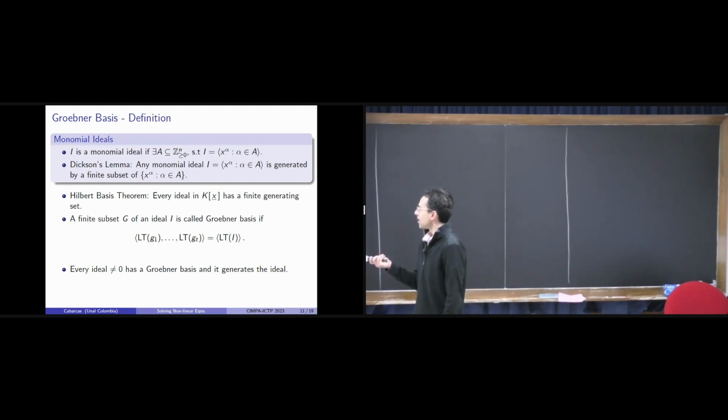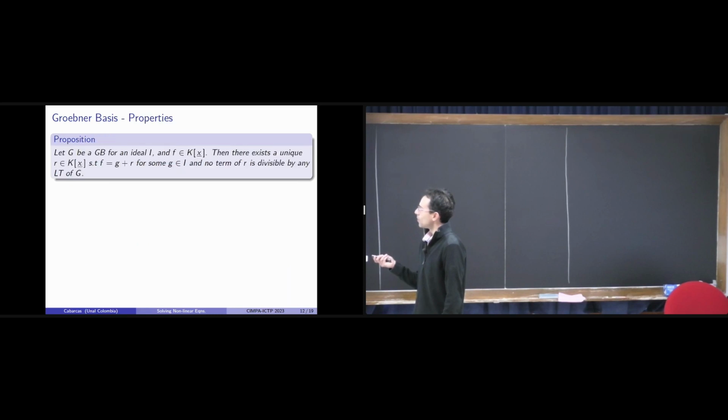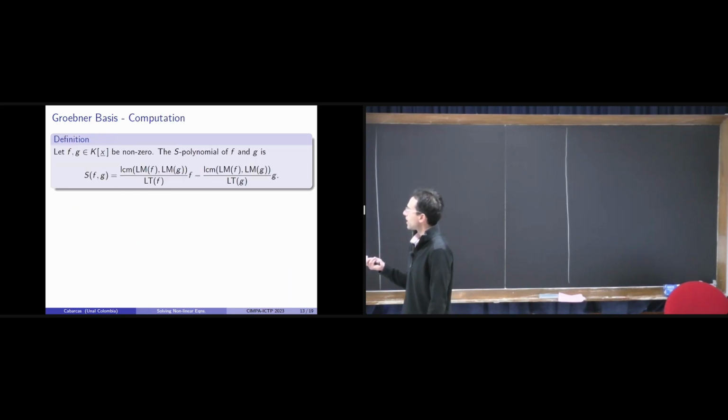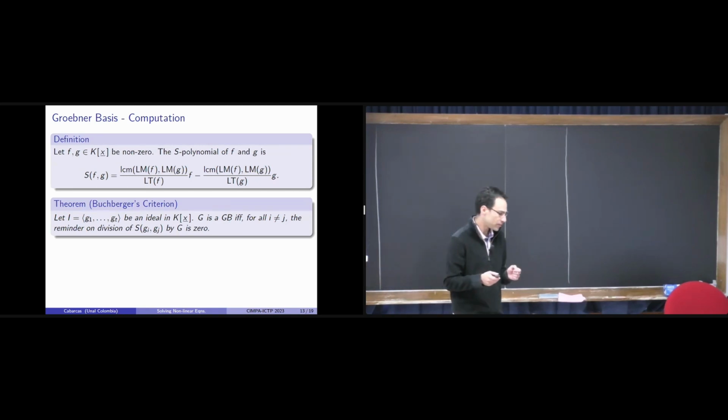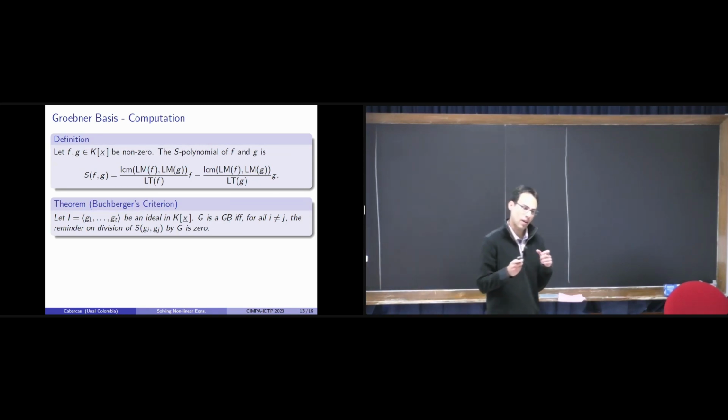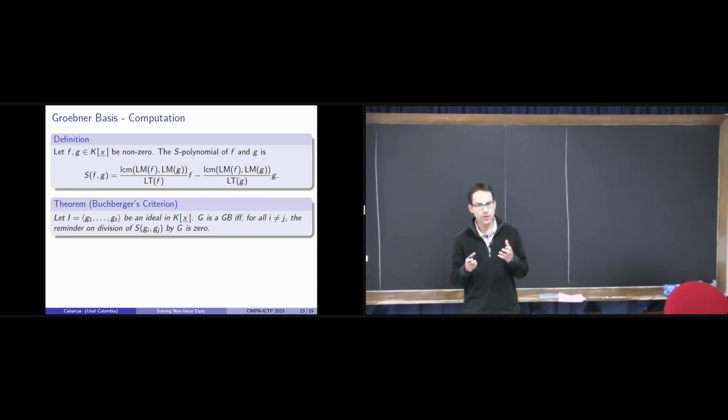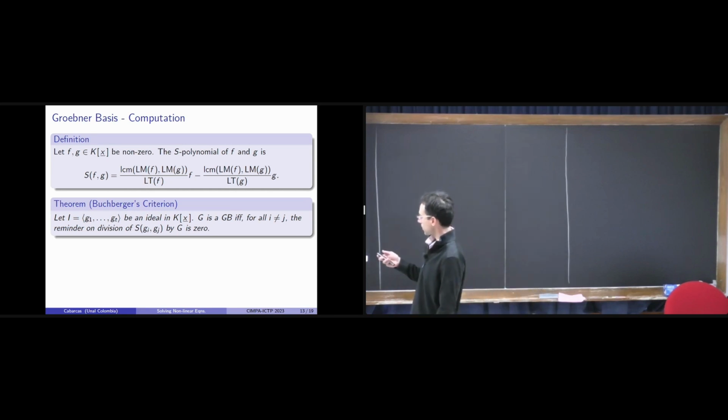And we actually got to a point where we showed a criterion to check in a finite number of steps if we have or not a Groebner basis. And that's called the Buchberger criterion.